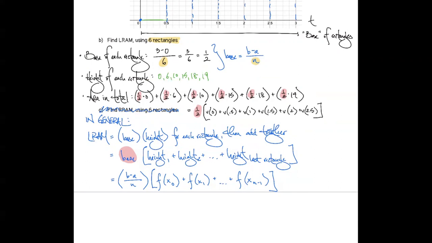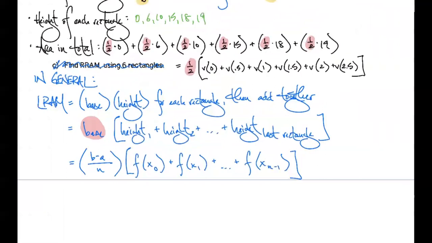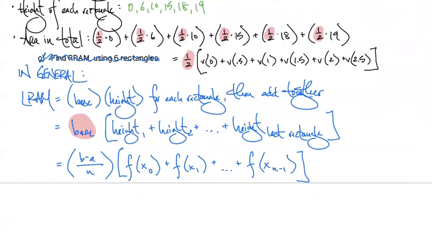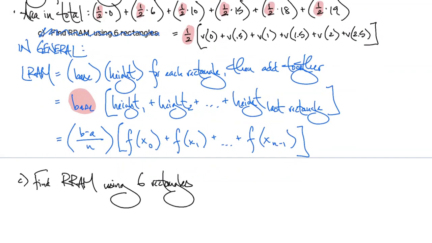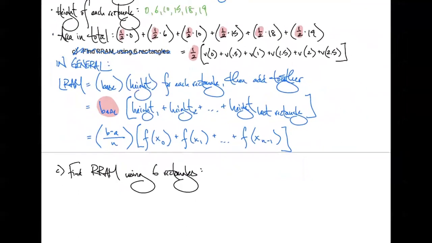And so what I'm actually curious about here is we've had this discussion about left approximation. How do we modify that to find the right approximation for 6 rectangles?